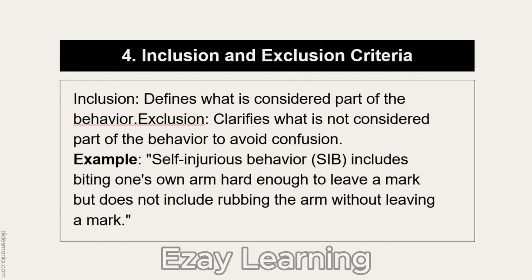This way they will know what is included and what is excluded. For example, self-injurious behavior, SIB, includes biting one's own arm hard enough to leave a mark, but does not include rubbing the arm without leaving a mark. So you gave exclusion criteria as well as inclusion criteria.